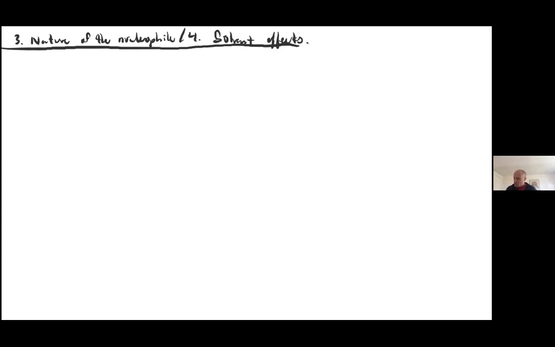And so there are 4 things that we can think about here. I told you this is going to get sticky. The first one is the basicity or the acidity of the conjugate acid of the nucleophile. So the pKa of the conjugate acid.